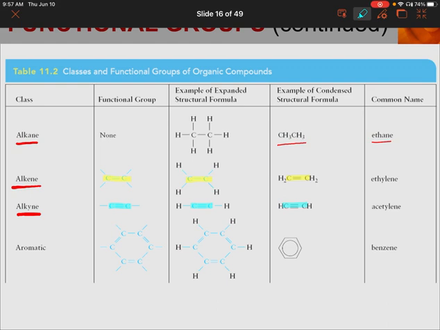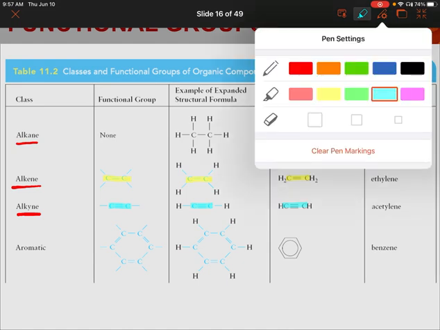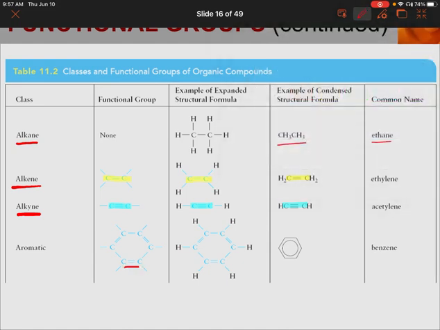If you have alternating double bonds in a six-membered ring, or just alternating double bonds, so let's say below we have a double bond, then a single bond, then a double bond, then a single bond, etc. That's what's called an aromatic compound.